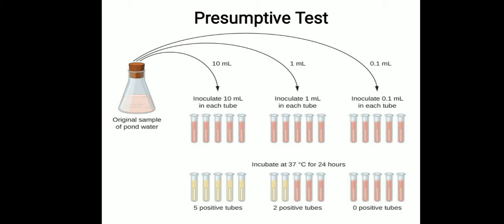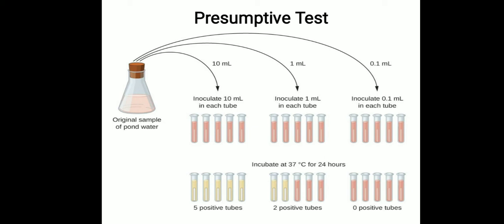The main selective factors found in the medium are lactose, sometimes a surfactant such as sulfate or bile salt, and often a pH indicator dye for facilitating detection of acid production, such as bromocresol purple or brilliant green.